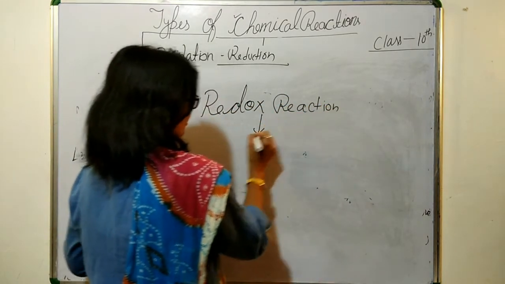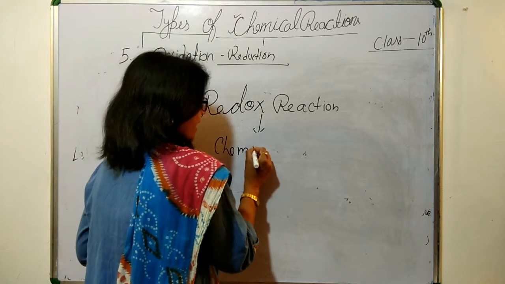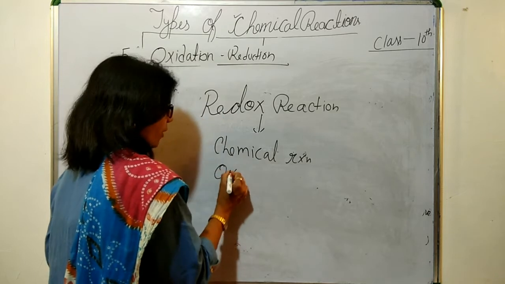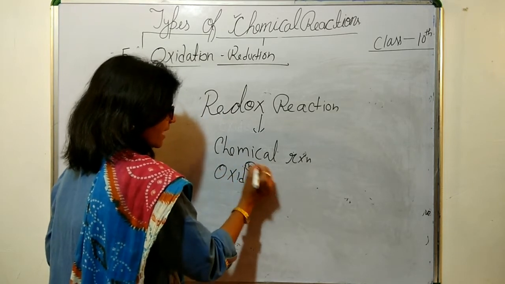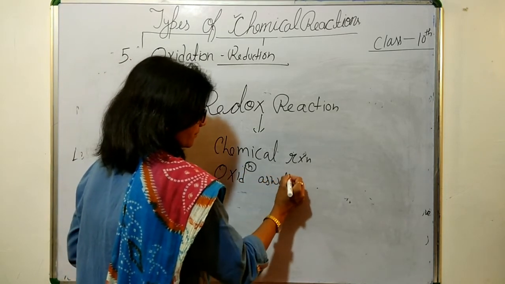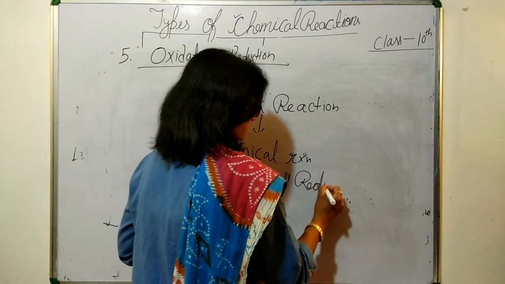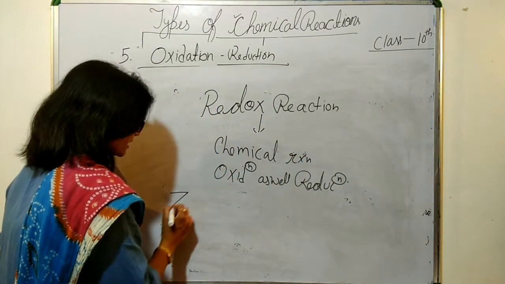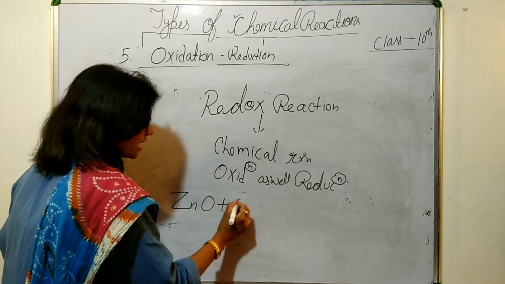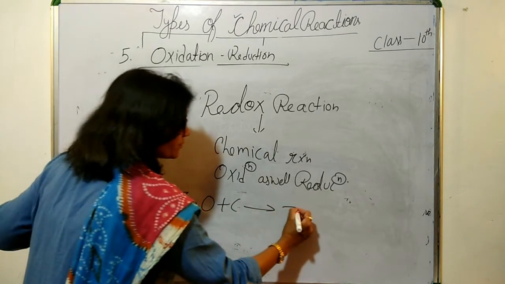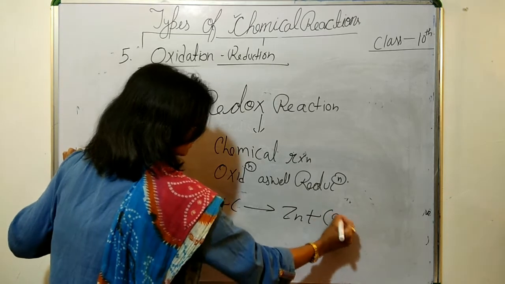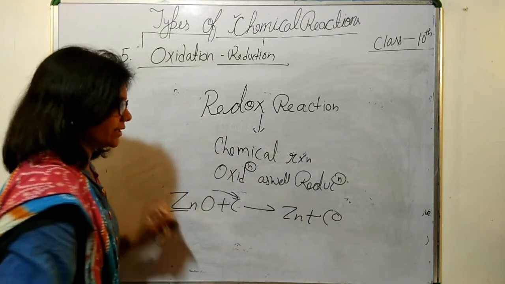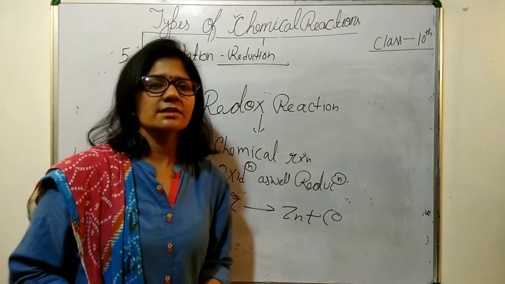For example, zinc oxide plus carbon react to form zinc plus CO. Here carbon is oxidized and zinc is reduced. So it is an example of a redox reaction.